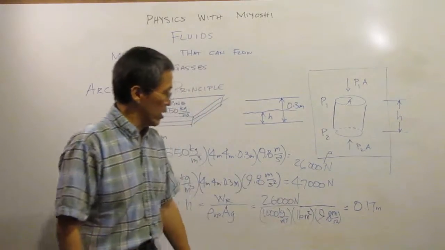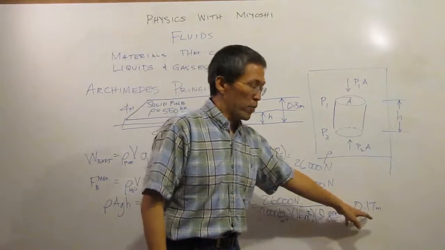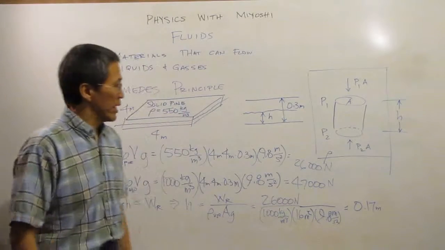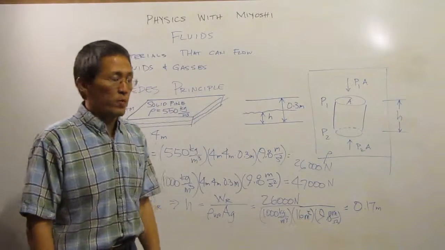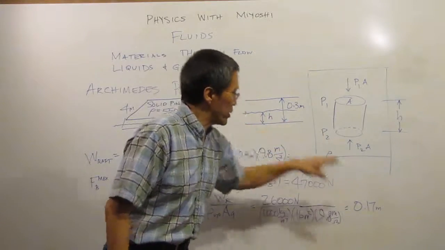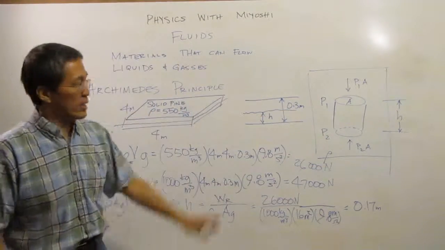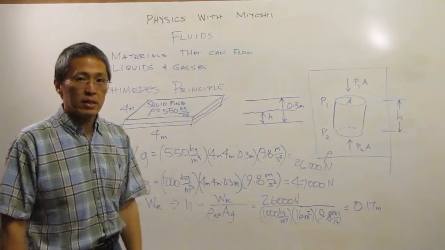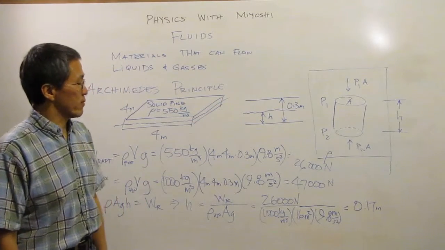We get rid of all our units and we end up with 0.17 meters. Now, if we really were going to find the freeboard, which is this distance up here, we could subtract the 0.17 from our 0.3 and see how much is going to be above the surface.